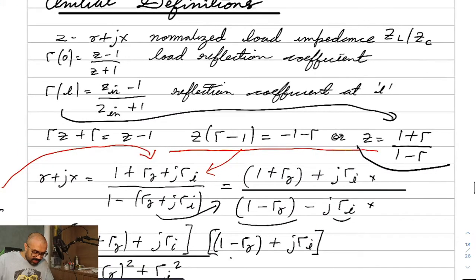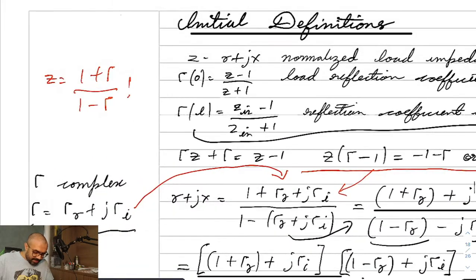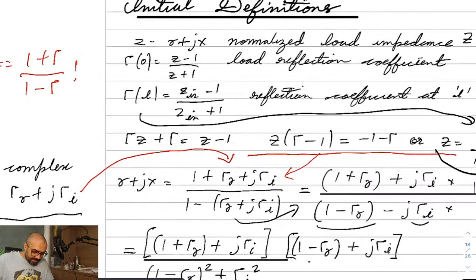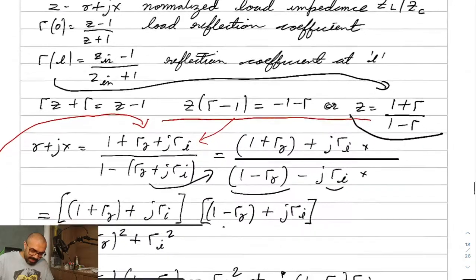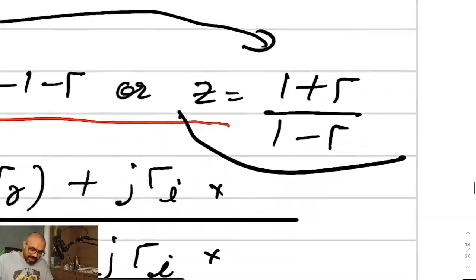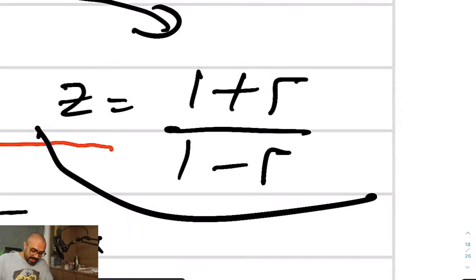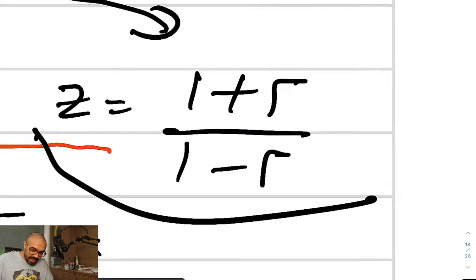Basically, we start with the relationship between z and gamma, and z you can express as 1 plus gamma divided by 1 minus gamma. Remember, gamma was z minus 1 by z plus 1, and from there we get z is 1 plus gamma by 1 minus gamma.